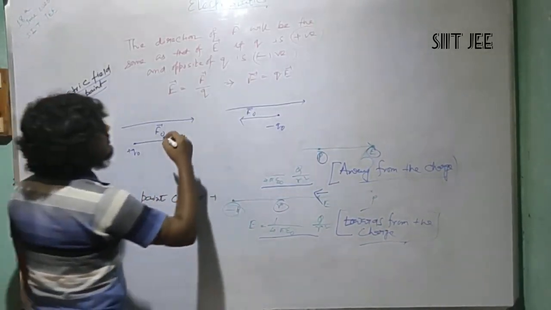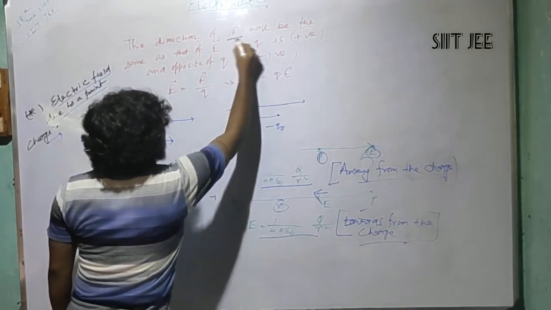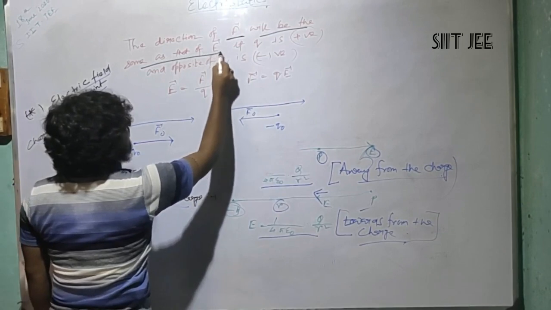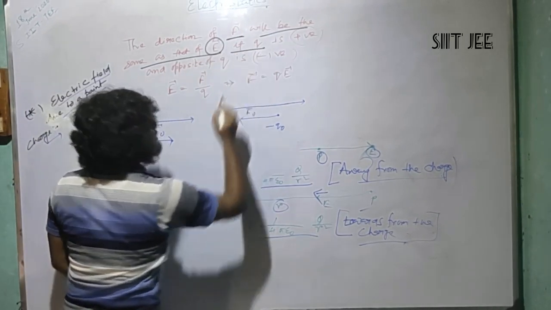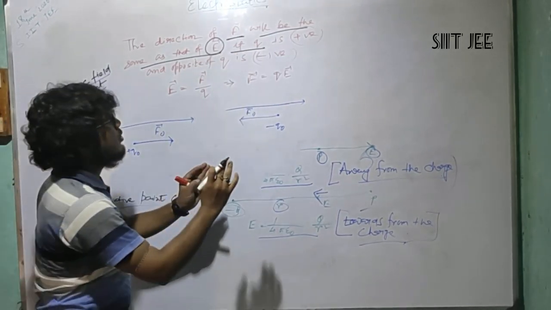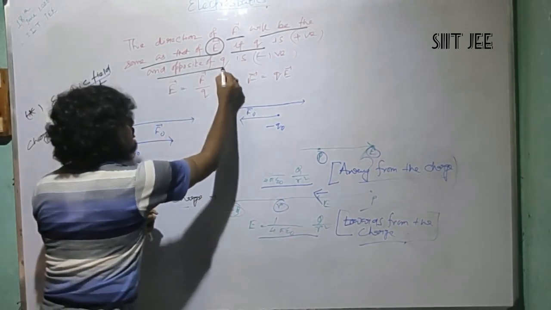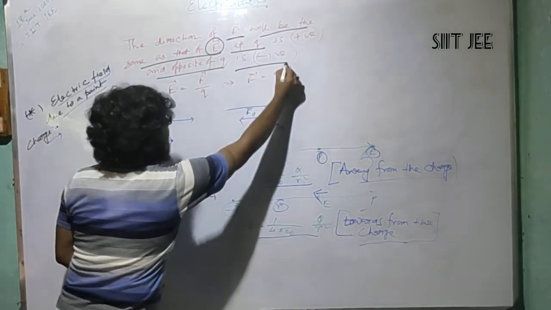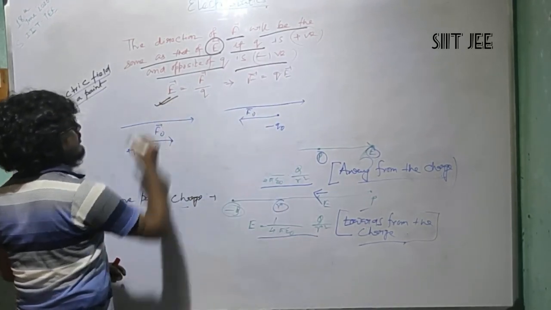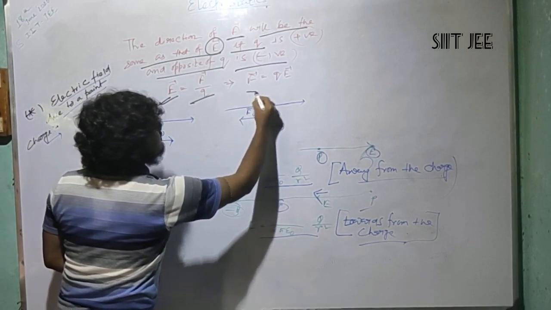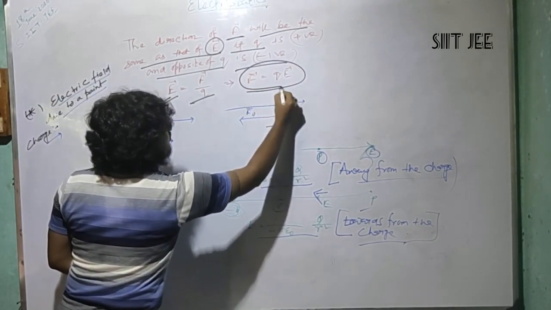Next, the direction of F vector will be the same as that of E vector if q is positive, and opposite if q is negative. Then E vector is equal to F vector by q, so F vector is equal to q into E vector.